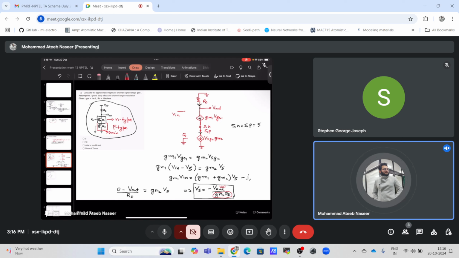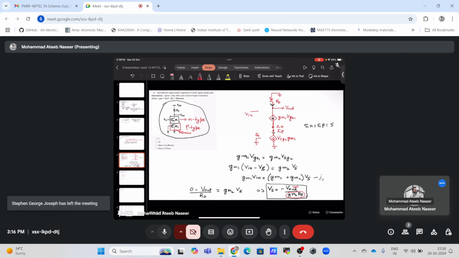So this is a small check while solving these small signal analysis problems. Whenever you feel you might be doing something wrong in a problem, the small check is always dimensional analysis. So this is gm2 times Vs.